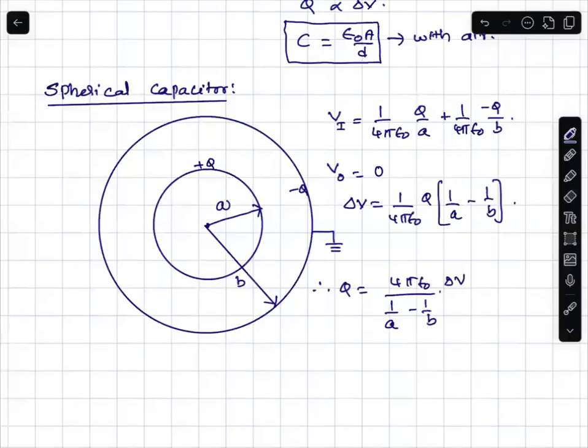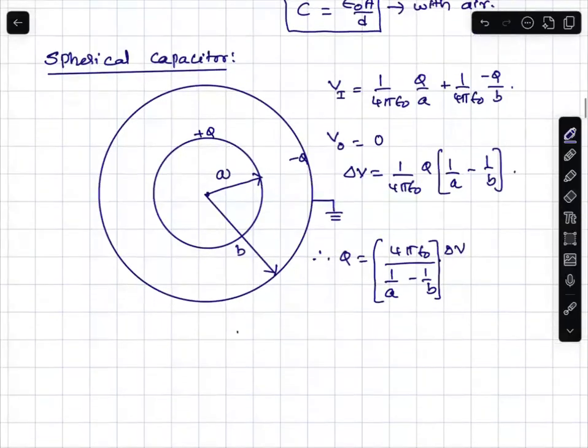Got the point? Now the question is, what does that constant stand for? It is the capacitance of the arrangement. So therefore, the capacitance of the arrangement is 4 pi epsilon naught times 1 by a minus 1 by b, all inverted.